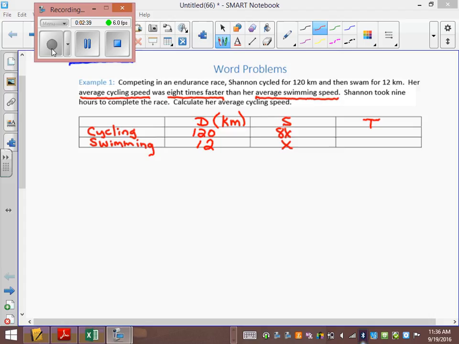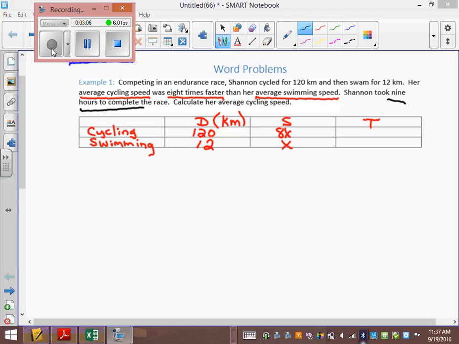Now we have 2 boxes that are going to be empty, but they do give us extra information. At this point, they'll either say that it took the same time to swim as to cycle, which makes no sense in this question, then you would set the time for swimming equal to the time for cycling. That's not this question. This one says Shannon took 9 hours to complete the race.